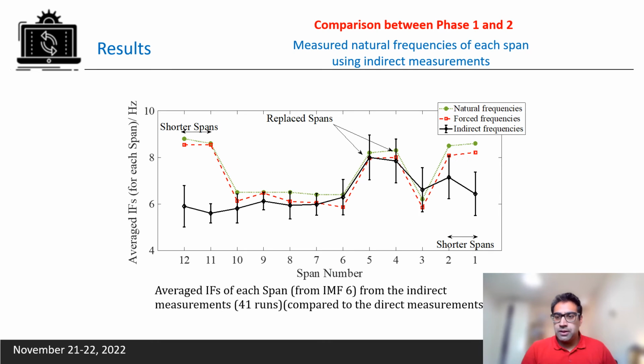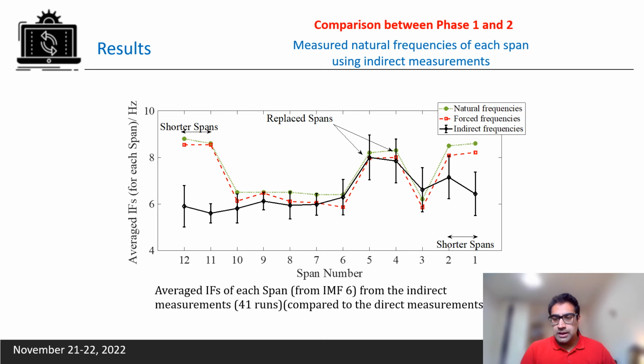This shows the effectiveness of the indirect measurements for spans 3 to 10, which have equal length, and an increase in the estimated frequencies for spans 4 and 5, which are the replaced ones. The results for the end spans, which are shorter in length, are not as effective because of their higher frequencies, which may be covered with the help of a different decomposed signal.